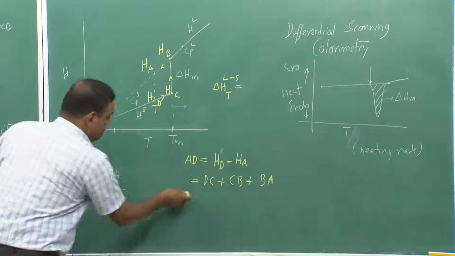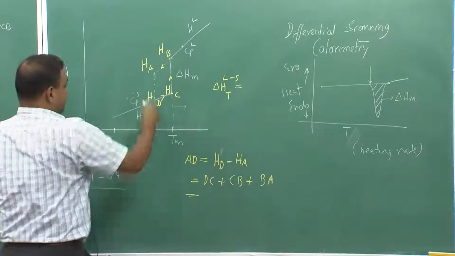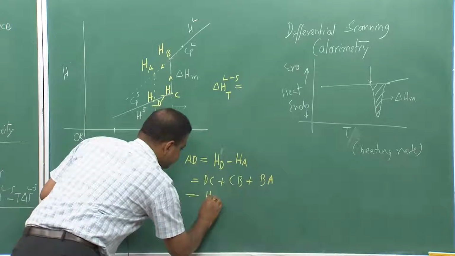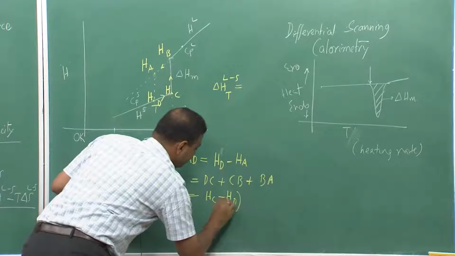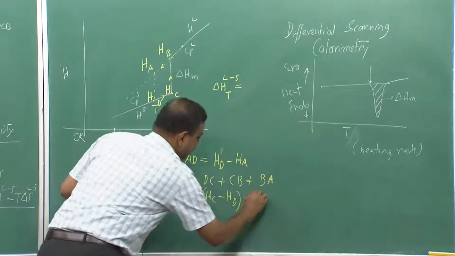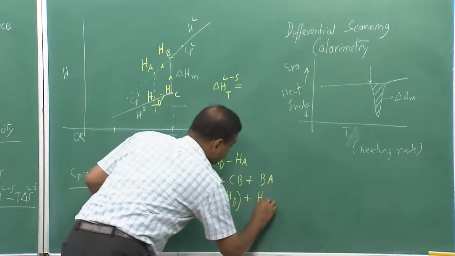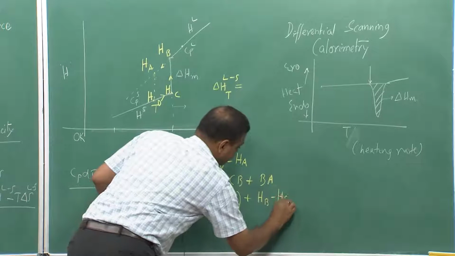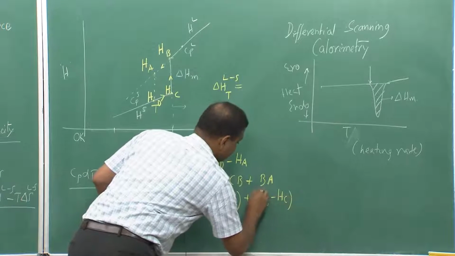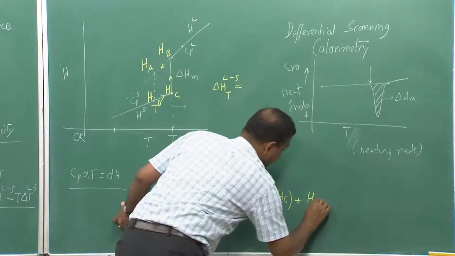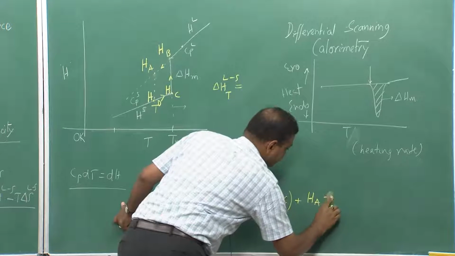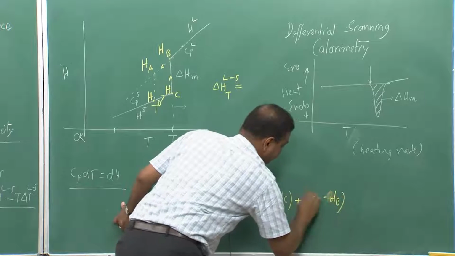Now, if I put it in terms of H values, it is HC minus HD plus HB minus HC plus HA minus HB.